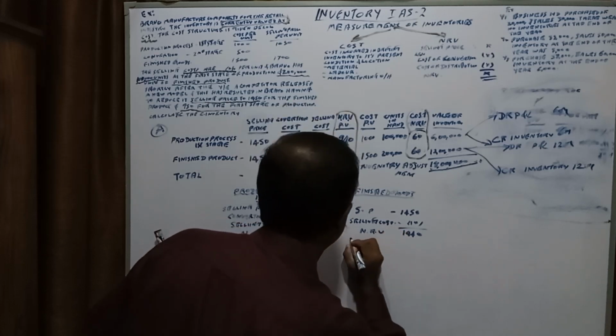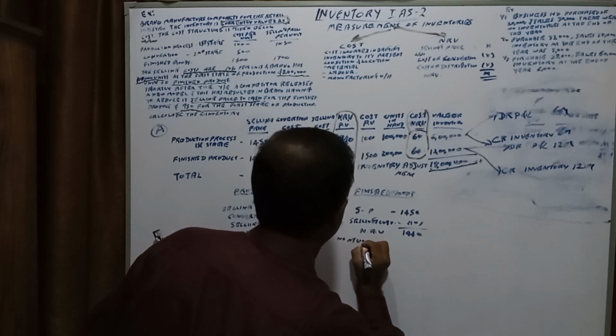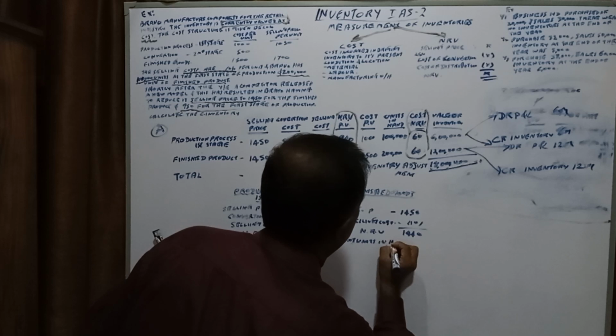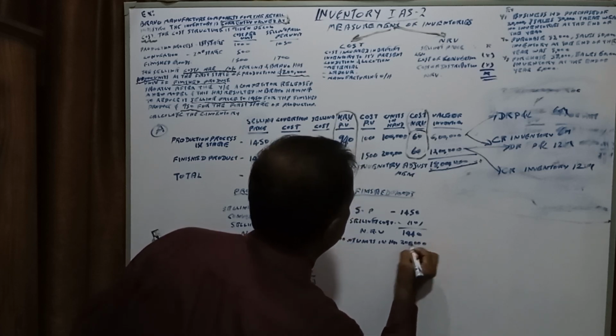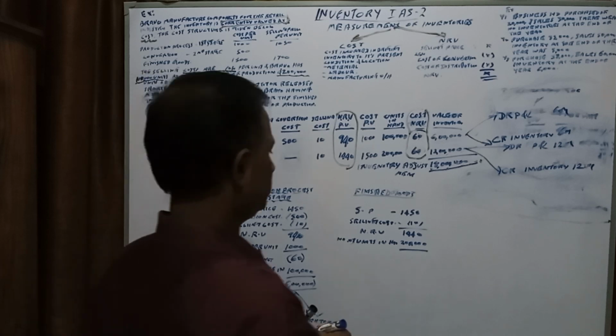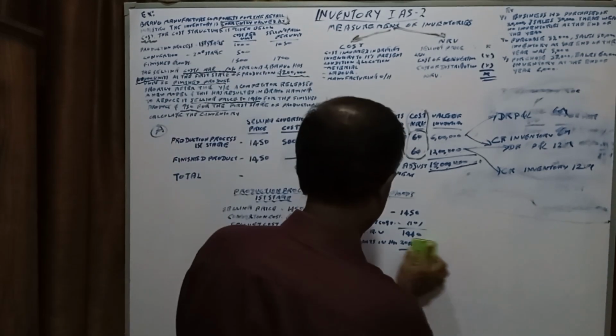The number of units in hand is 200,000 units. Then, sorry, we have to go for the cost.